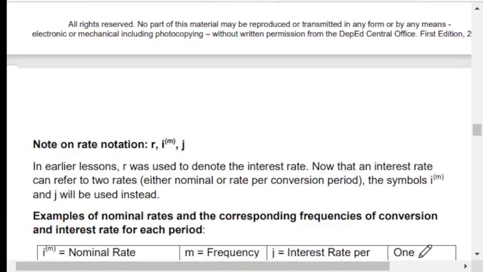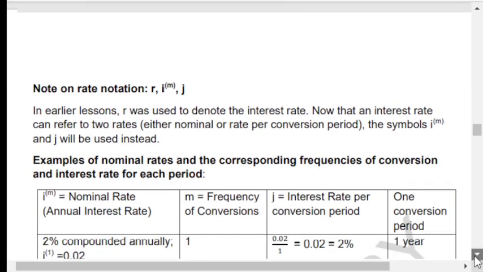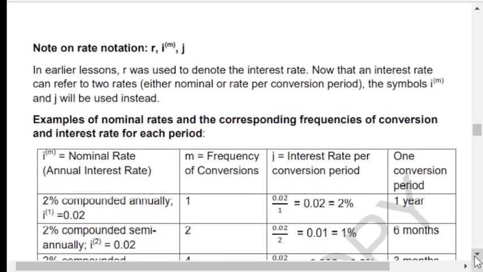Then we have a note on rate notation. In an earlier lesson, r was used to denote the interest rate. Now an interest rate can refer to two rates: either the nominal rate, with the symbol i exponent m, or the rate per conversion period, where j will be used instead.